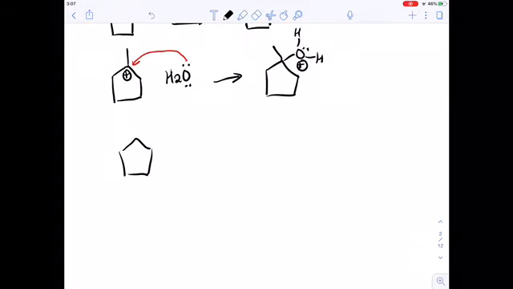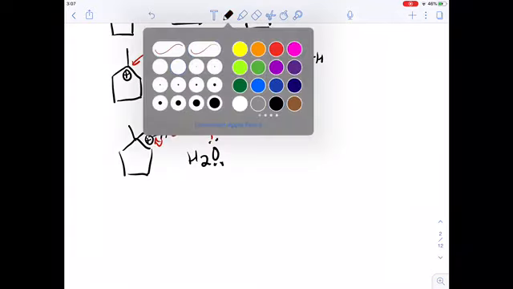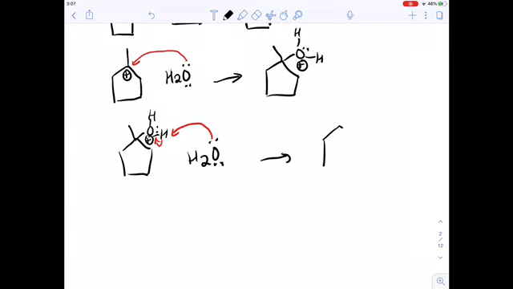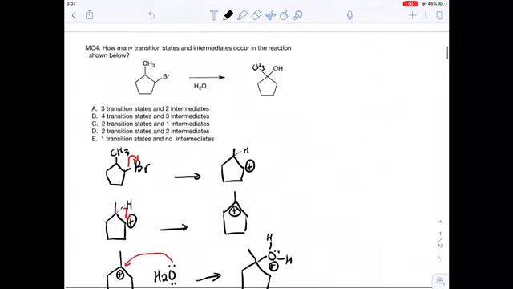You have to deprotonate it and turn it into OH. So another H2O is going to come in, or the Br, whatever, doesn't matter. It's going to come in and pull the H off, and then you're going to get your final product. H plus just means acid. It's the shorthand for H3O plus.